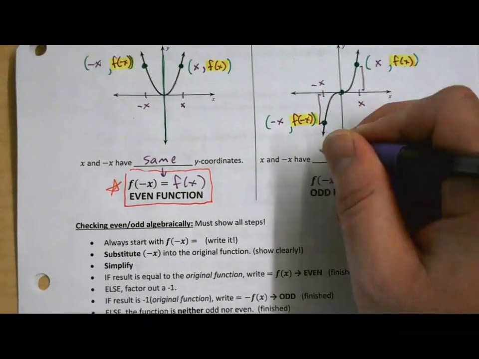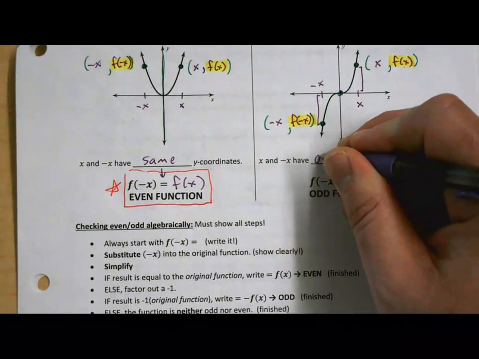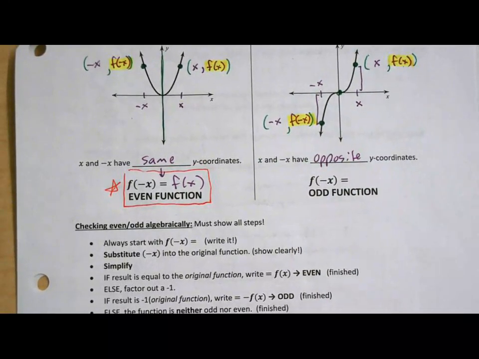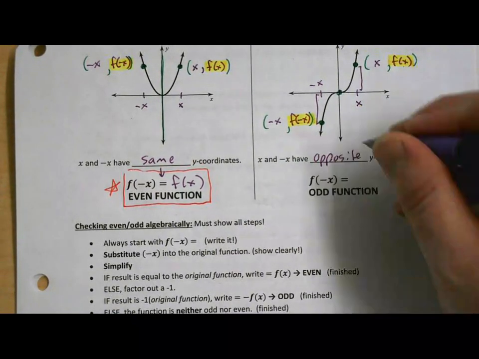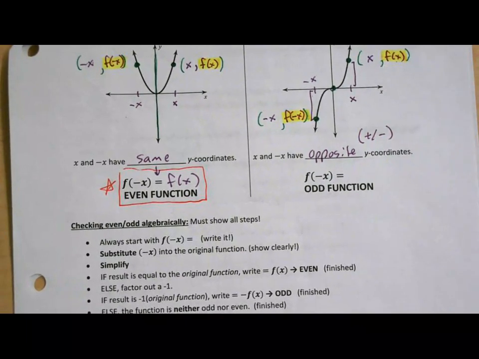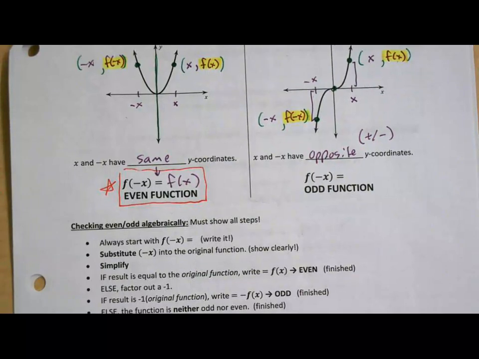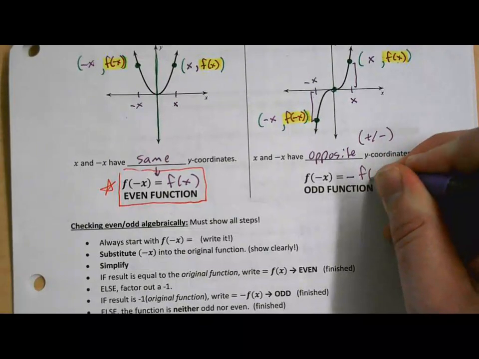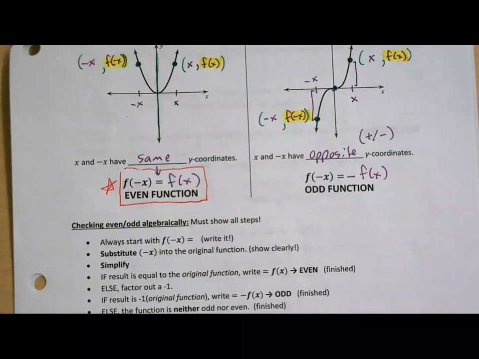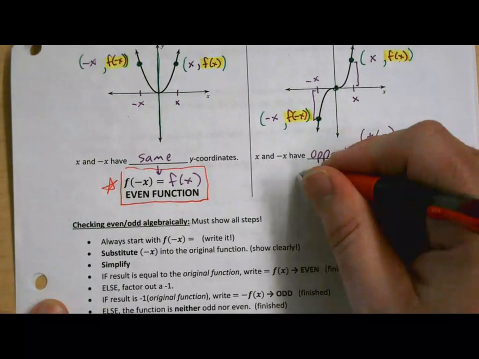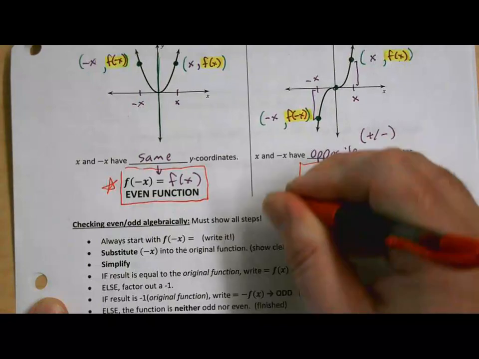I would say that they have opposite y coordinates. When we say opposite in mathematics, we're talking about positive versus negative. So in this case, f of negative x is equal to the opposite of f of x. And this is the formal definition for an odd function.